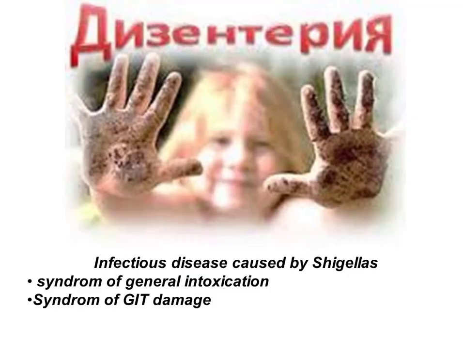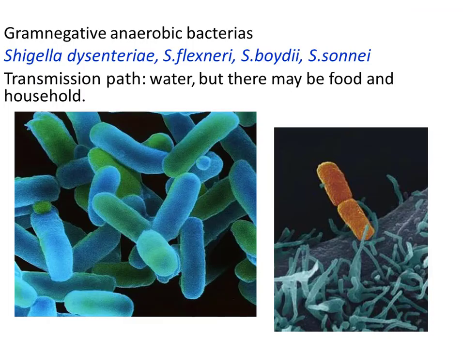The next disease is dysentery, another name is shigellosis. It's an anthroponotic infection caused by bacteria of the genus Shigella. Clinically significant, there are 4 species: Shigella dysenteriae, Shigella flexneri, Shigella boydii, and Shigella sonnei.